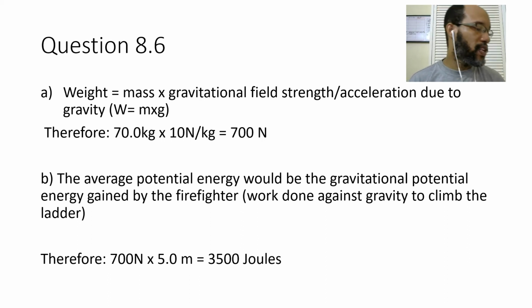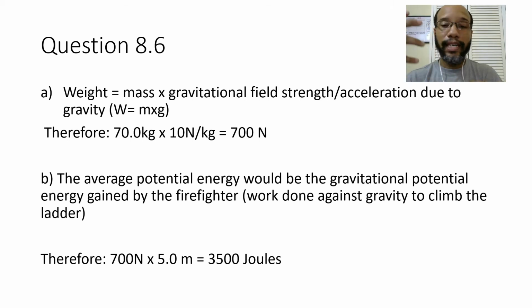Then they want you to find out his change in potential energy. Okay, so he's on the ladder and he moves up 5.0 meters. So his change in potential energy, what will that be? And that is the work he does with his body weight against gravity. So work done against gravity, which is the same as potential energy. You can use gravitational potential energy equals mass times g times h.